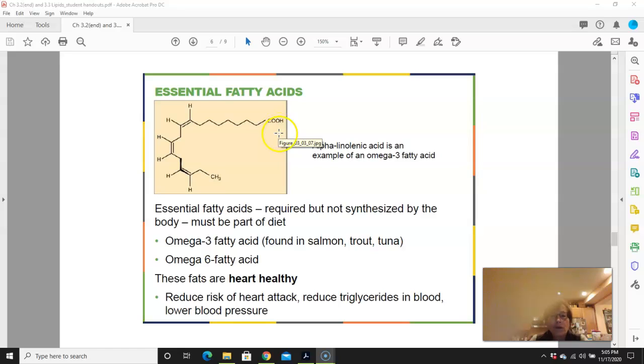This is one that we like, and we can get this in many foods, especially things like fish. And then there's the omega-6 fatty acids, where the first double bond is going to start on the 6th carbon, etc. But the idea is the same, in that these are heart healthy. And we get omega-6s by and large from things like a lot of the grains and nuts, which have oils in them.